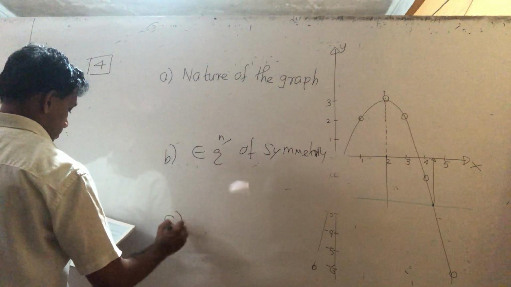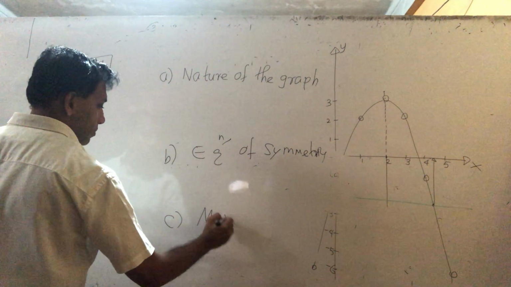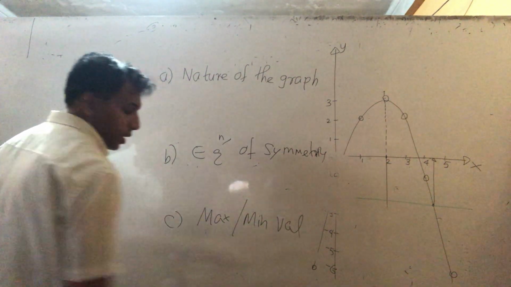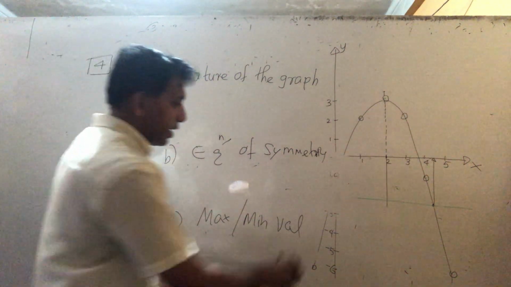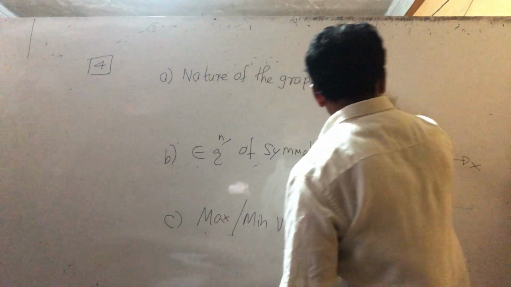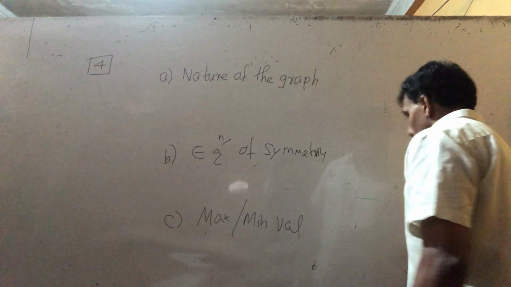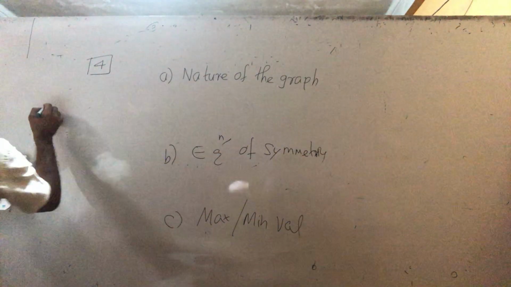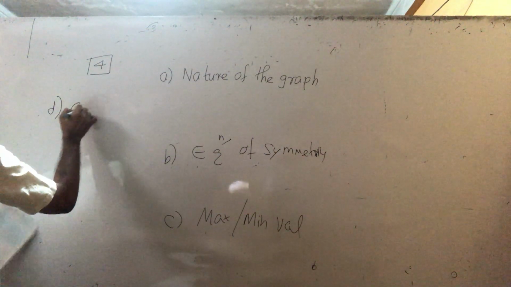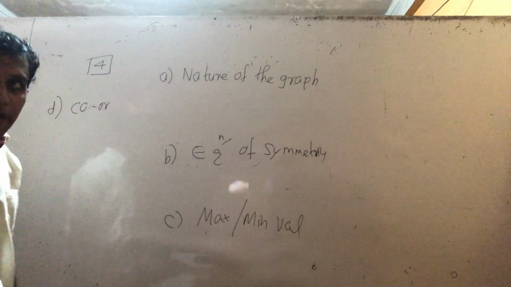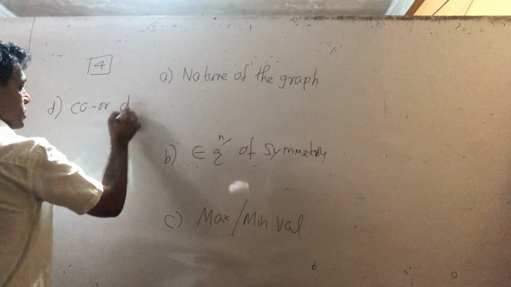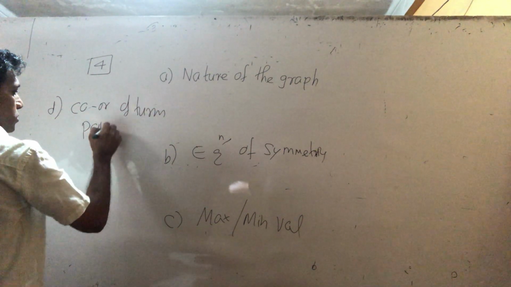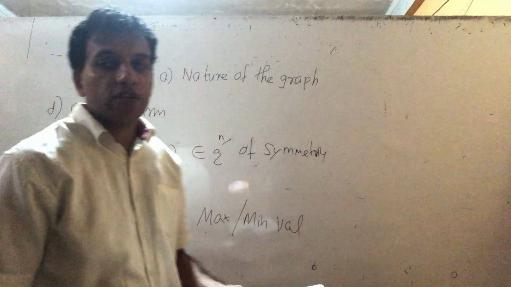Part C, maximum or minimum value. Next, part D, coordinates of the turning point.